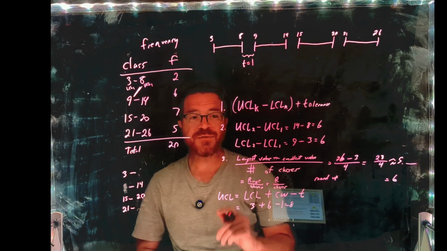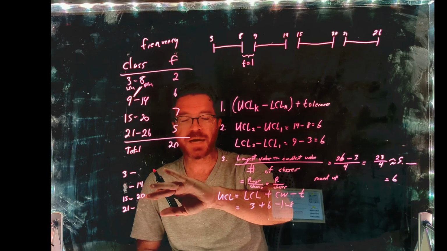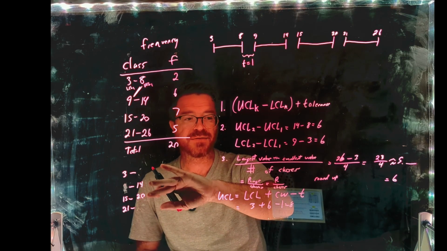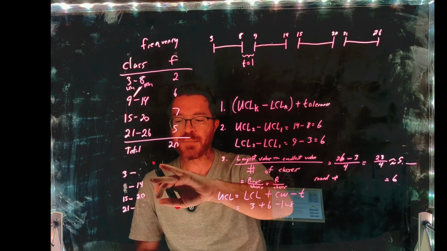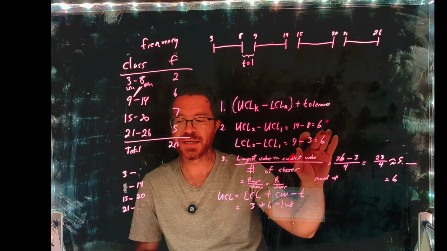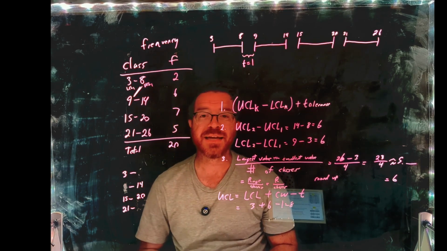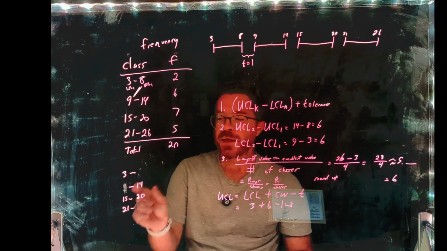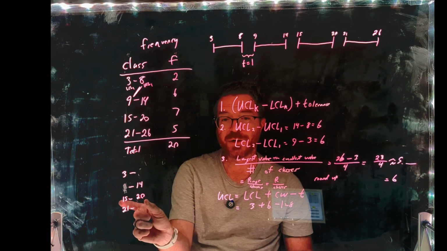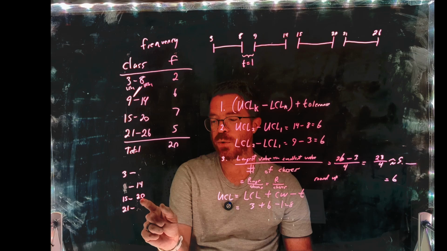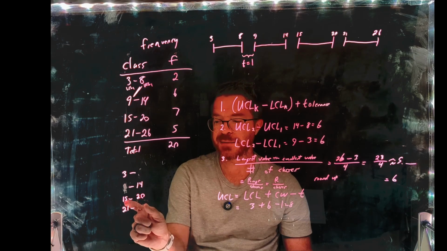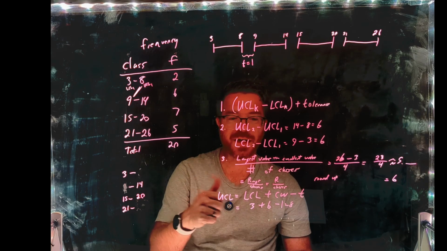In this case, I could figure out my class width by taking the upper class limits and finding the difference between them. 20 minus 14 is equal to 6. Or I could use my lower class limits. 21 minus 15 is 6. Or I could use this single interval that I already have, right? 20 minus 15 is going to be 5 plus our tolerance.